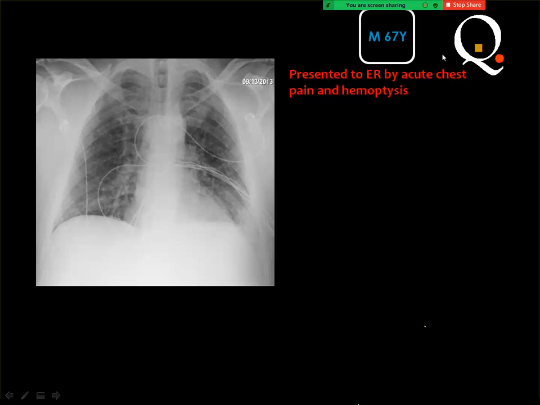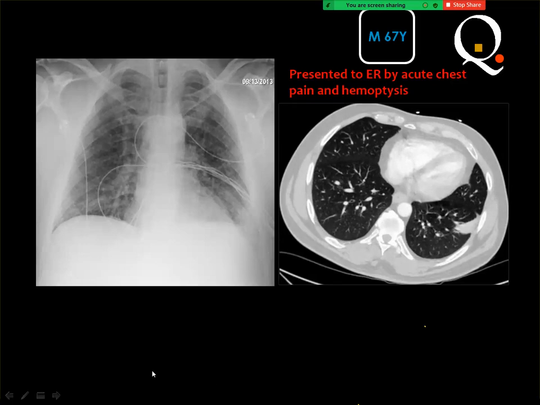Then this male patient, 67 years old, presented by acute chest pain and hemoptysis. This is the plain film of the patient, and this is the CT scan where you got some opacity here in the left lower lobe.